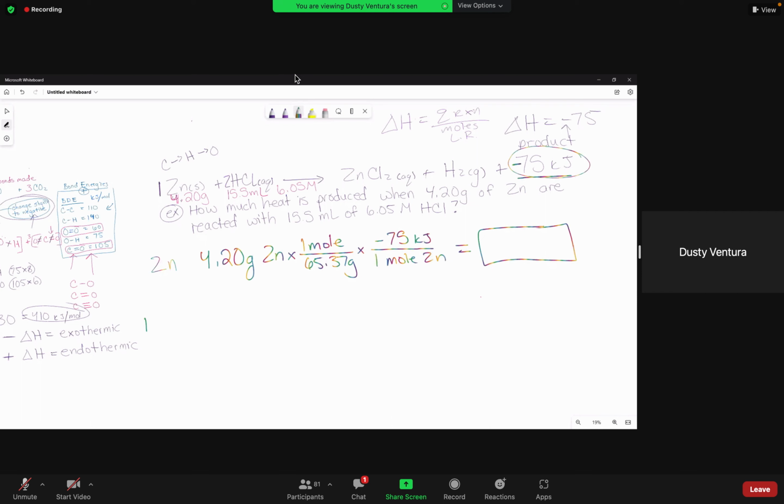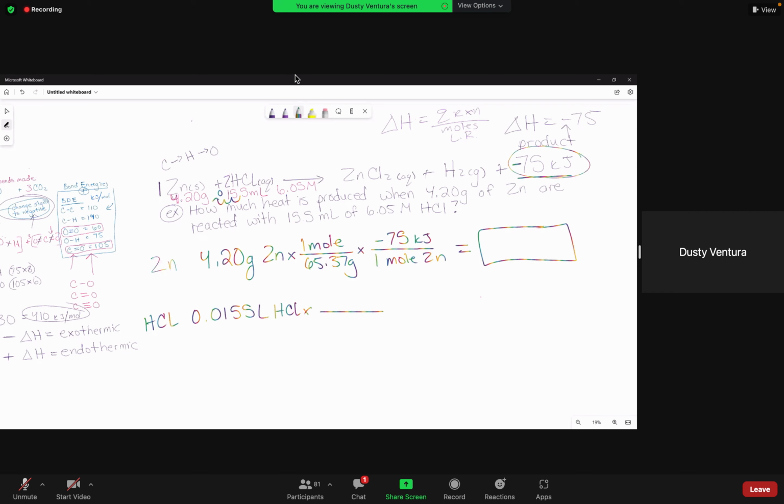Now we're going to do HCl. This is what students don't know how to do because it's molarity. But when you're trying to turn molarity into moles, you multiply it by the volume. And we have 15.5 mL, but we need to turn it into liters. So that's 0.0155 liters of HCl.